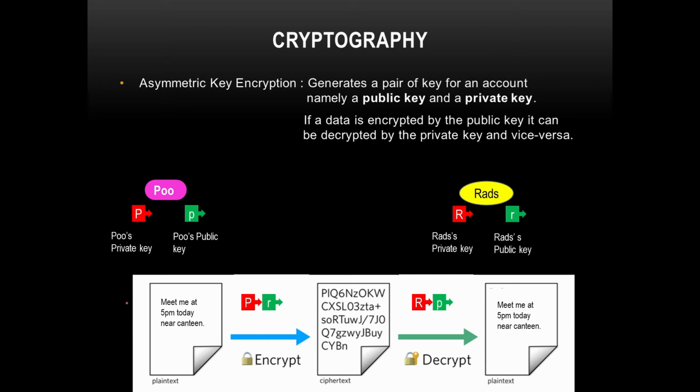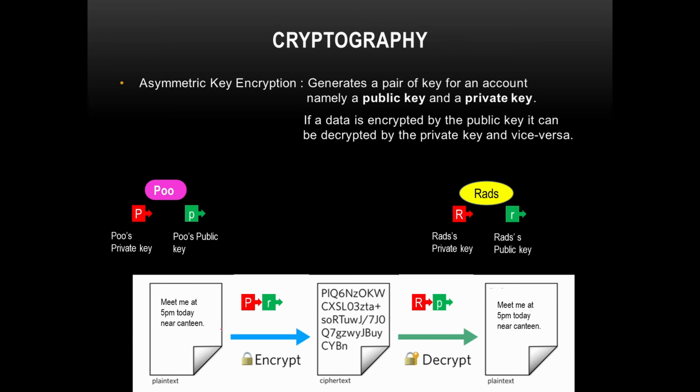Now think of Pooh wanting to send a text to Rads, but in between there is a whole network where it might get changed or hacked. So what to do in this case? What does Pooh do? She writes the plain text, then encrypts it with her private key and Rads's public key.